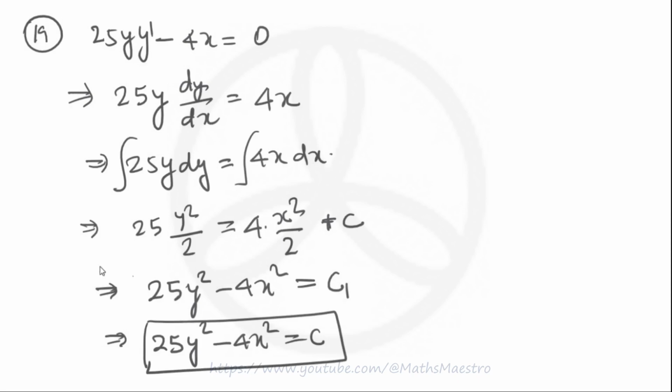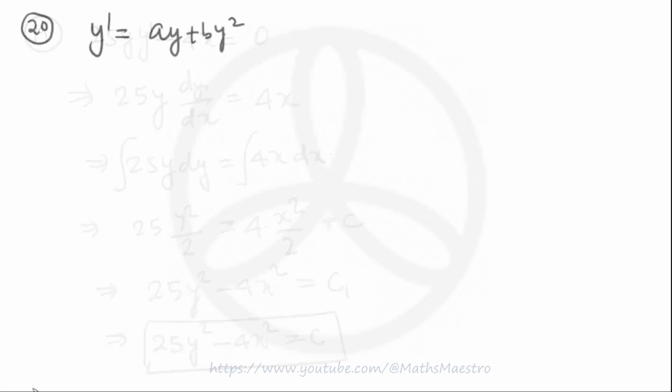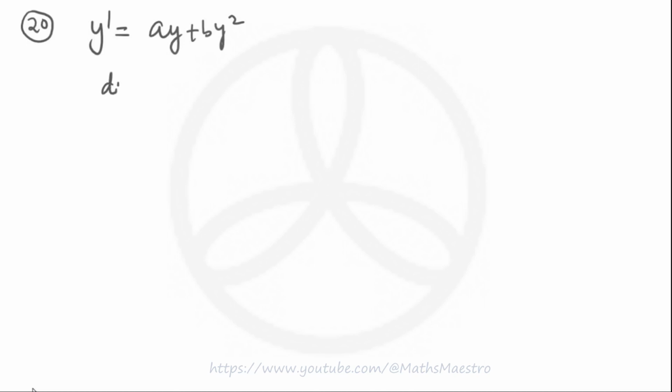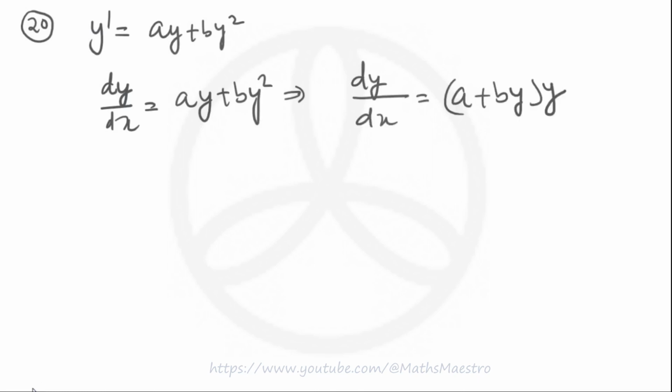So let us move to the next question now. This is the question, friends, question number 20. I can write this as dy by dx is equal to y times (a plus by), and then we can do a variable separation for this.